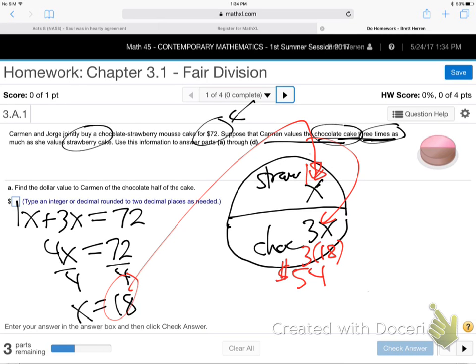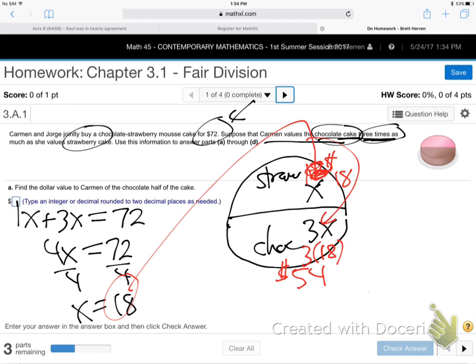That means the chocolate half to Carmen is worth $54. Oops, the strawberry half to Carmen is worth $18. That's how Carmen sees it. If you added those up, the total would be 72, and it's 3 times as much for chocolate. See how we were able to do that? That's how Carmen feels. Pretty good.